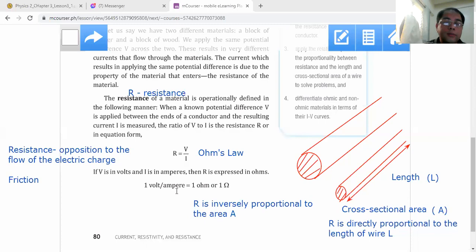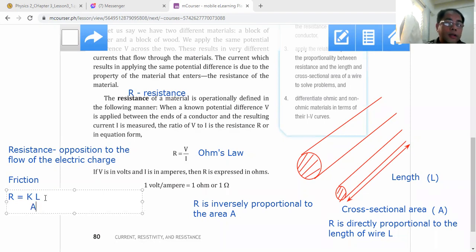In terms of R, sometimes they write it like this. So R equals, if they equate it, a constant K times the length, but it is inversely proportional to the area.